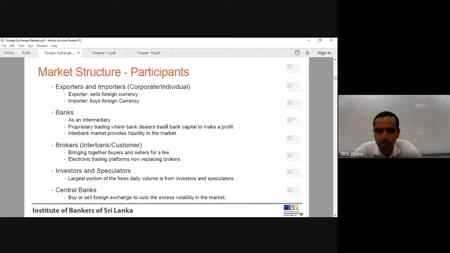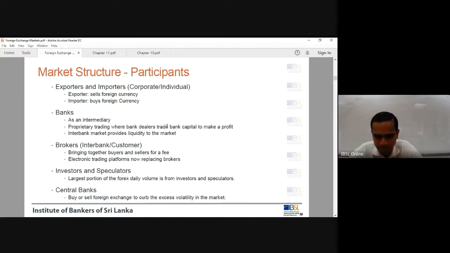They can maintain foreign exchange deposit accounts, foreign currency deposit accounts. There will be brokers who will link up buyers and sellers in foreign exchange. Investors and speculators, like the IFC, classic example. Speculators are the people who trade on foreign exchange fluctuations.